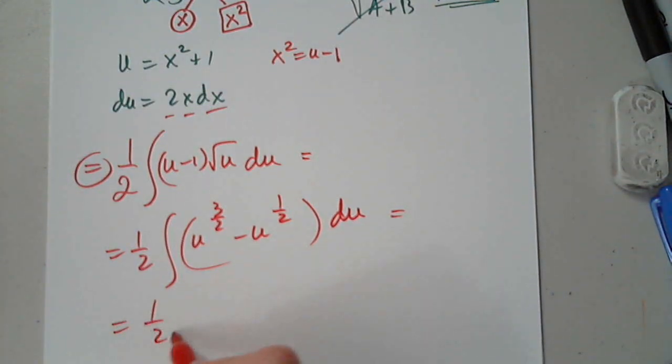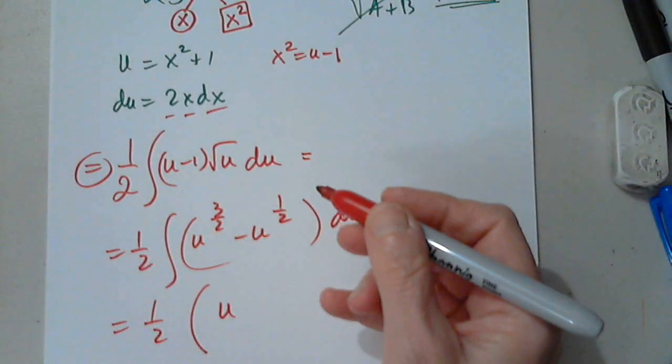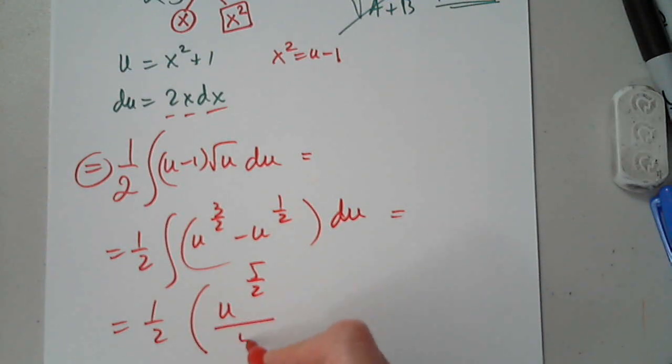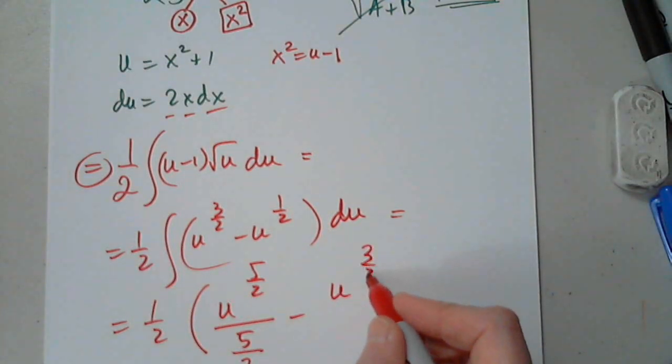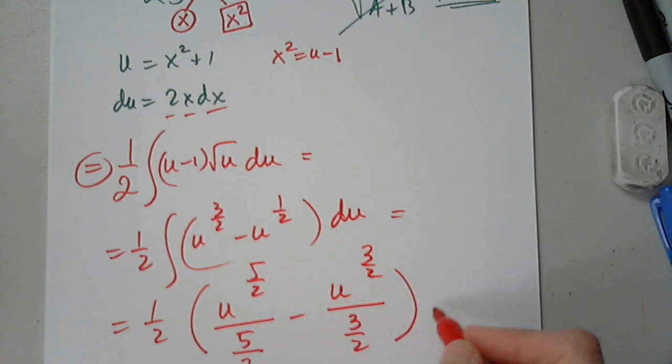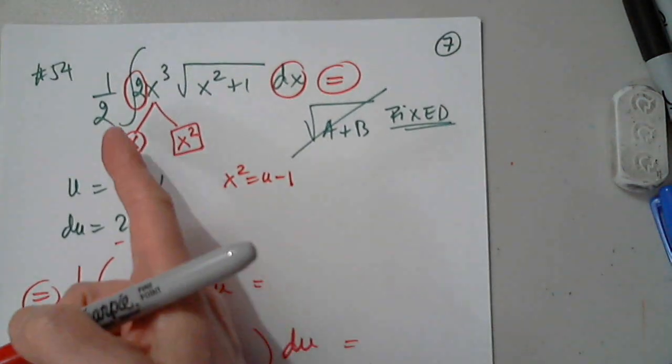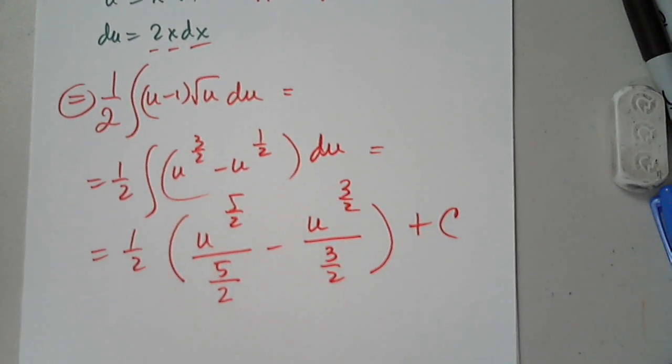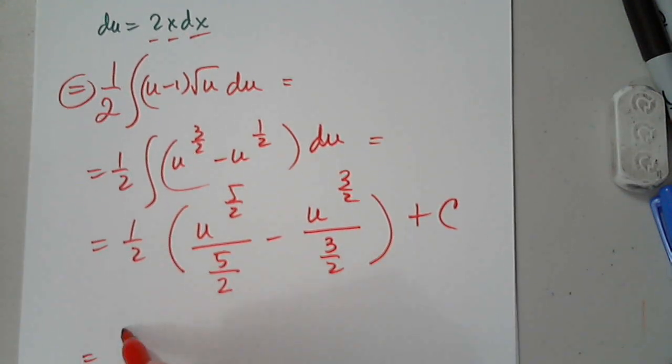And from here we have 1/2, u to 3/2 plus 1, which is 5/2 over, always the same number, minus u to 3/2 over the same number. Don't forget plus a constant c because it's an indefinite integral. So this is 1/2.